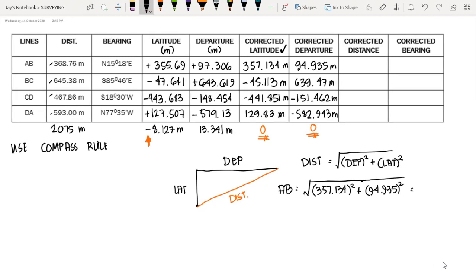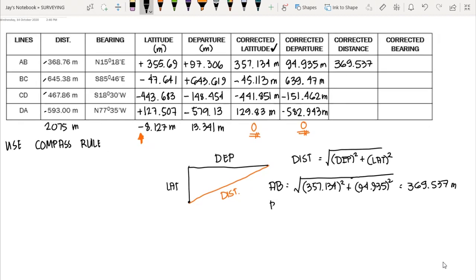This would give us the distance 369.537 meters.